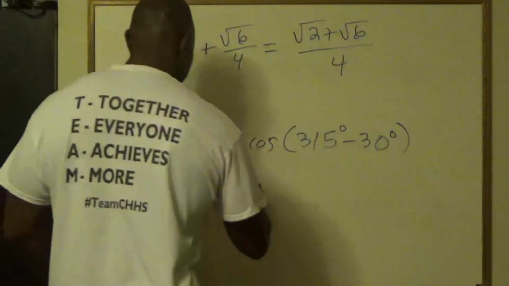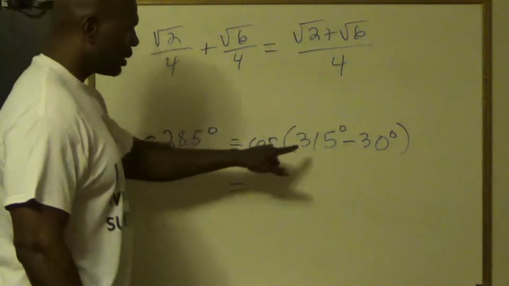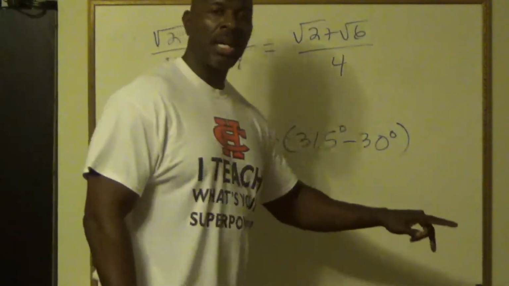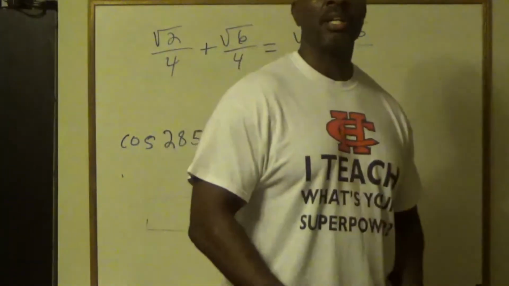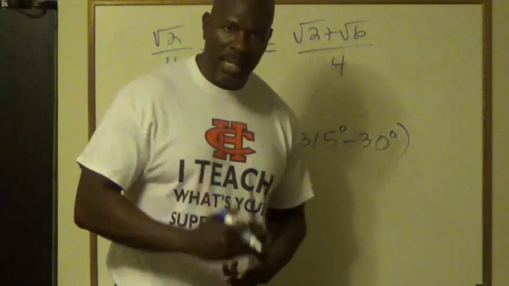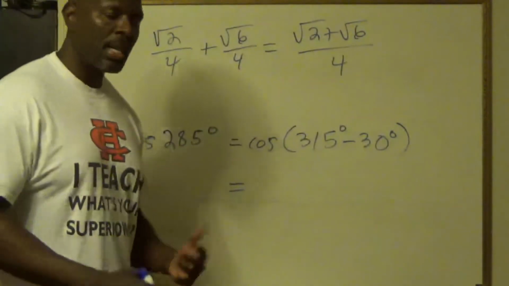So again, this is cosine of u minus v. And again, cosine of u minus v is cosine u times cosine v plus sine u times sine v.